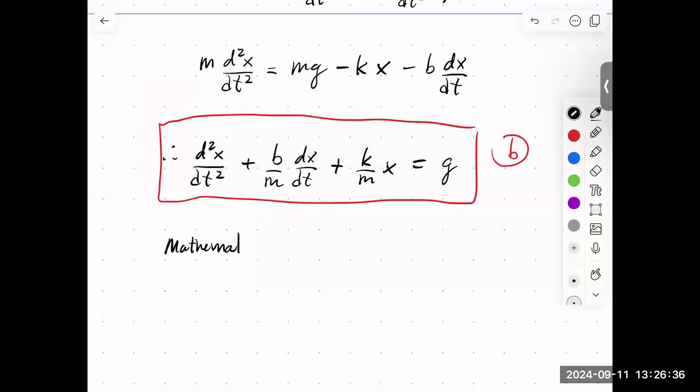So mathematically, equations A and B are identical. You could have some weird things where you could say, well, what if some of these coefficients are negative or something like that?